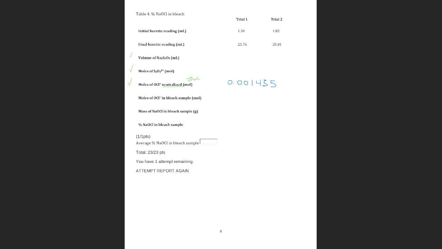This is the moles of hypochlorite in 25 mLs. But then they say the moles in the bleach sample, the whole amount.